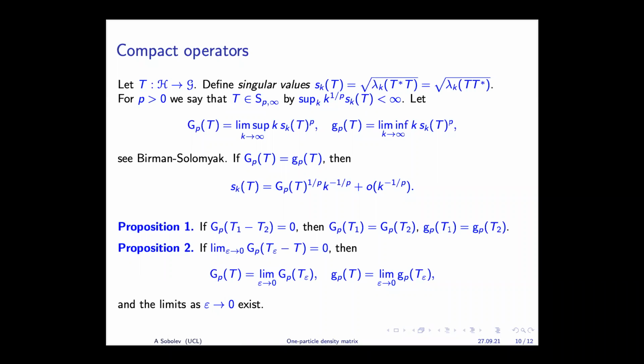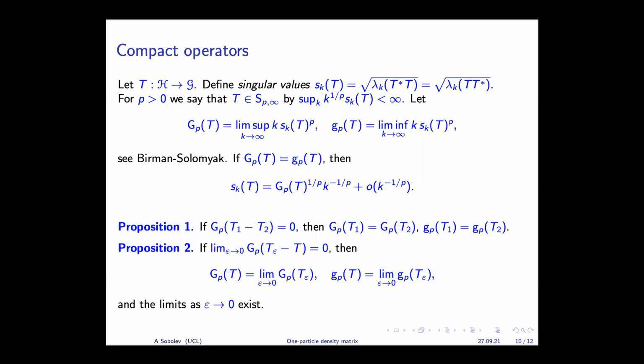What this proposition says is that if this functional here tends to zero when epsilon tends to zero, then you can find the asymptotics of T by taking the limit of the asymptotics of operator T epsilon.